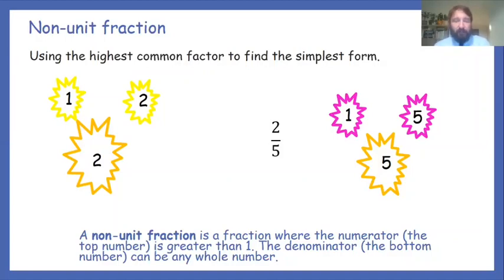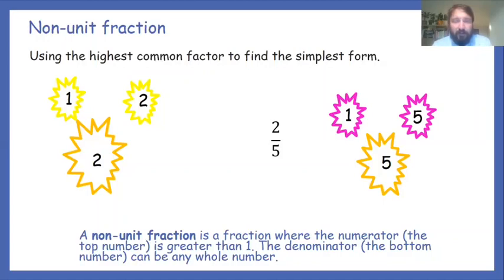Okay, now we just looked at unit fractions and we learned that the numerator is always going to be 1. Okay, so quite simply, a non-unit fraction is where the numerator, the top number, is greater than 1. Okay, so 2, 3 possibly. The denominator, the bottom number, can be any whole number. So here we've got an example, 2/5.